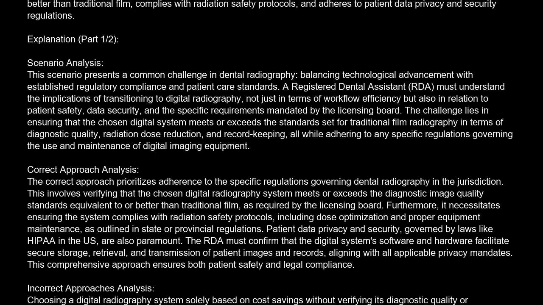Incorrect approaches analysis. Choosing a digital radiography system solely based on cost savings without verifying its diagnostic quality or compliance with radiation safety regulations is a significant regulatory and ethical failure. This approach risks producing images of insufficient diagnostic value, potentially leading to misdiagnosis or the need for retakes, which increases patient radiation exposure unnecessarily.